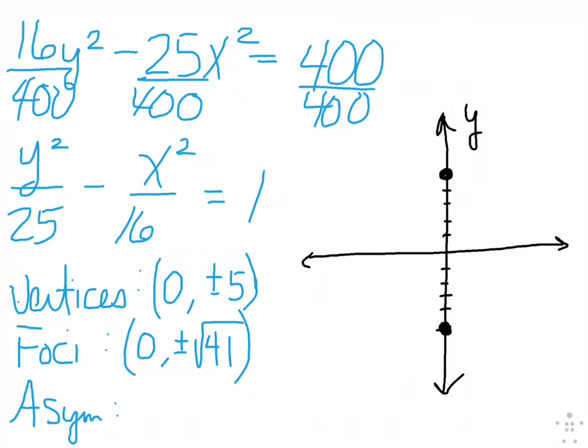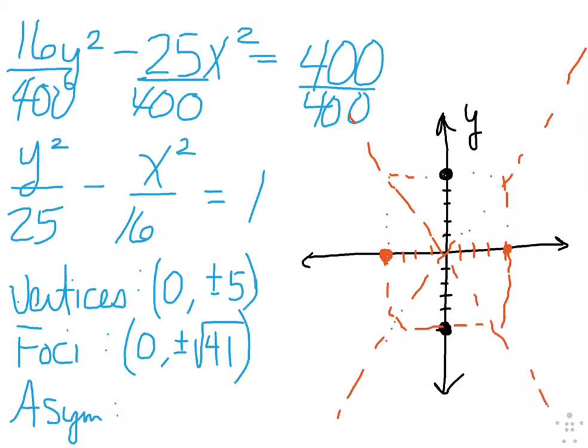How far do I have to go left and right? 4. How'd you get 4? Square root of 16. 1, 2, 3, 4. Make dot. 1, 2, 3, 4. Make dot. And then if I make my box, and if I connect corners of the box together, what was the slope for that?